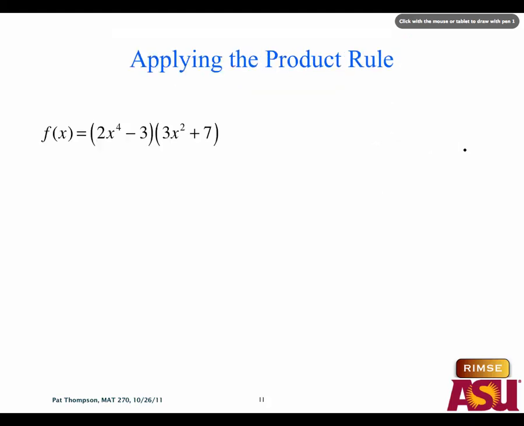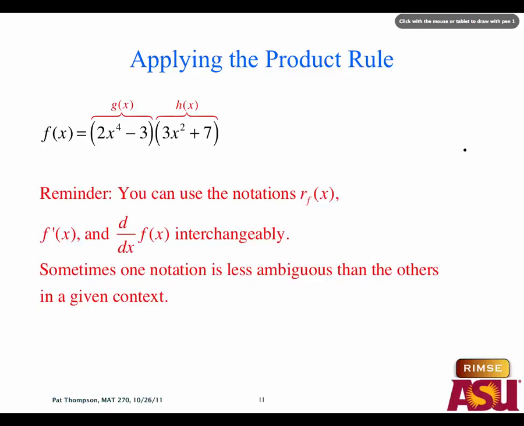So let's practice. So here we have a function that is the product of 2. So the first thing we want to do is identify the two functions that we have that are multiplied together. So we got g and h. So we use these notations interchangeably.